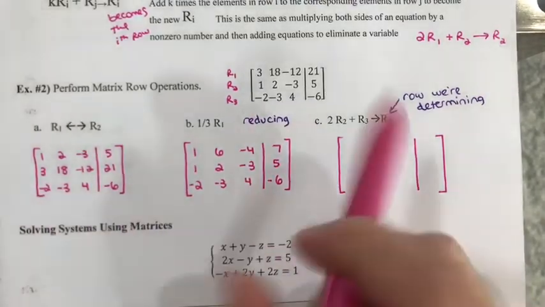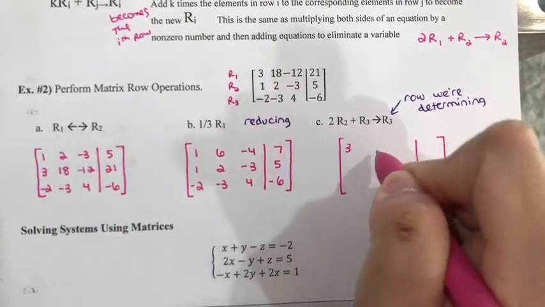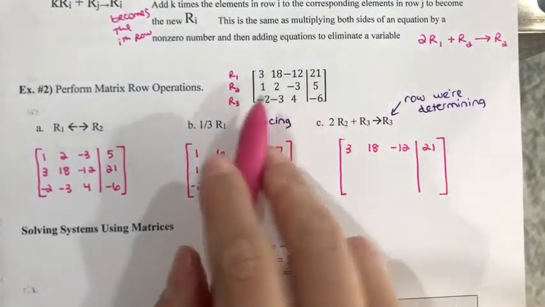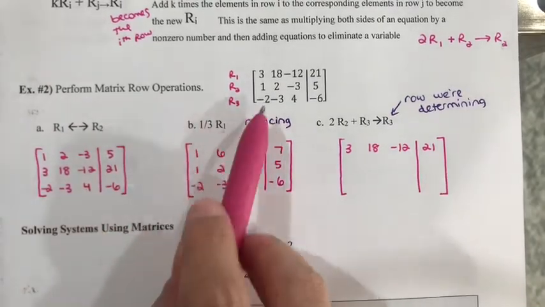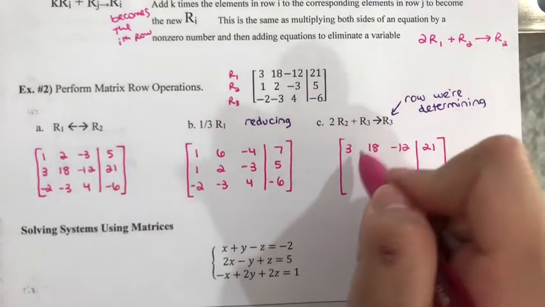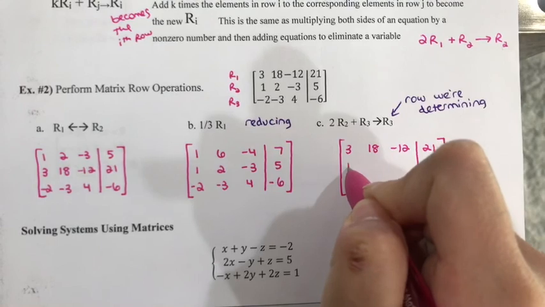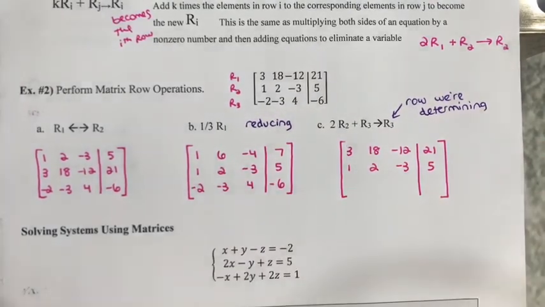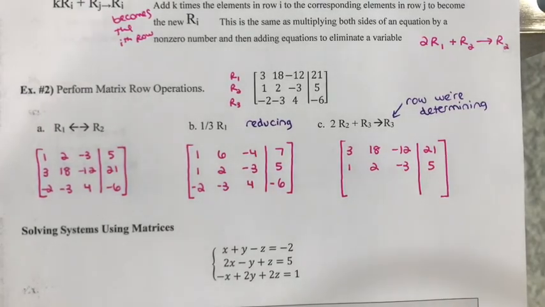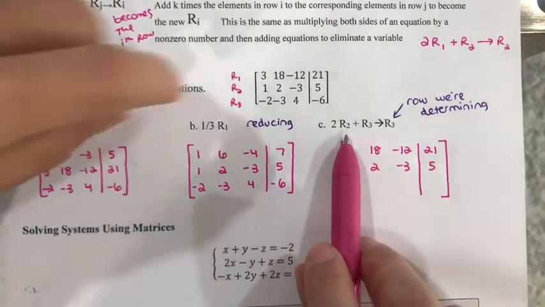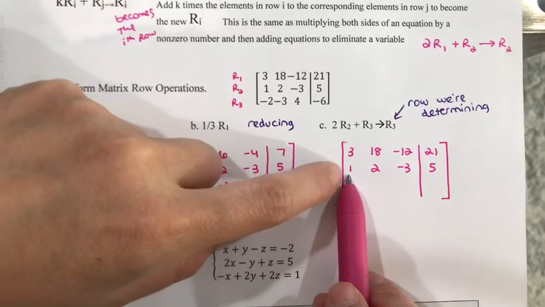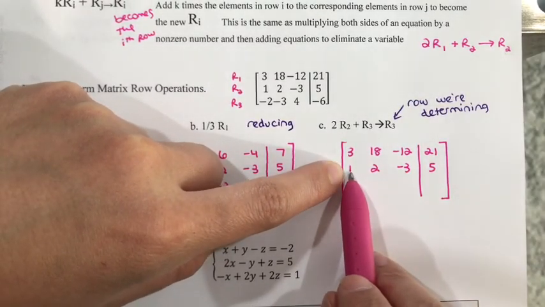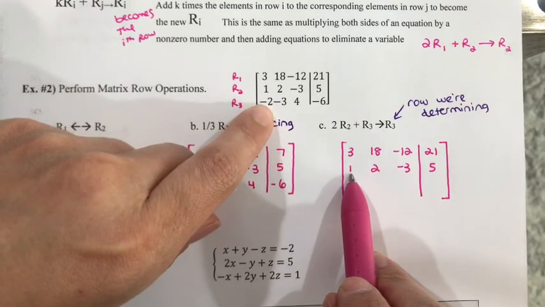So as of right now, I can just rewrite the first row. And the second row. And what we're gonna be doing is changing the third row. So we're gonna take 2 times the second row, so 2 times this number is 2, and add it to this number.